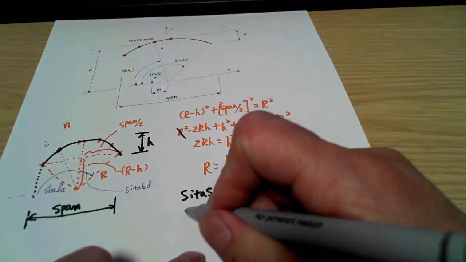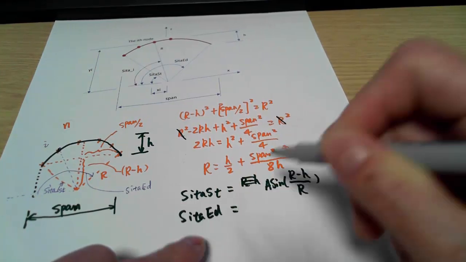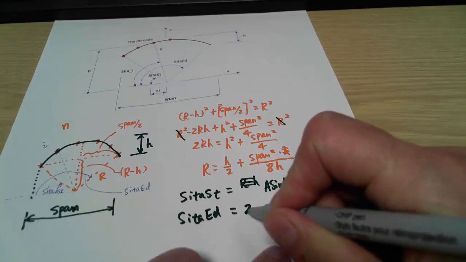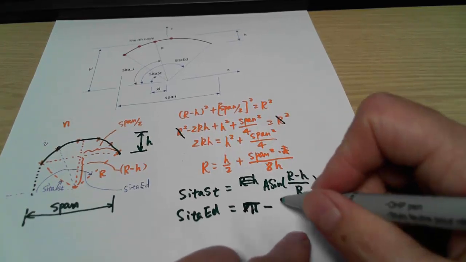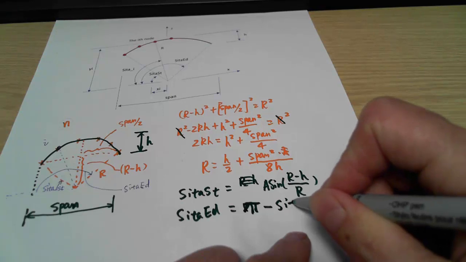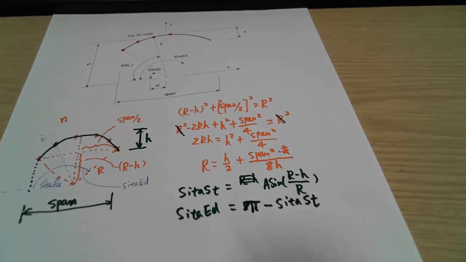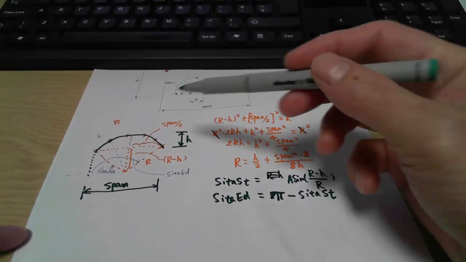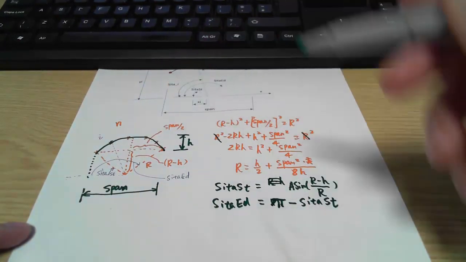So theta ed should equal, oh sorry, not 2 pi, it is pi minus theta st. So this is theta here, and theta here. These two we've got.